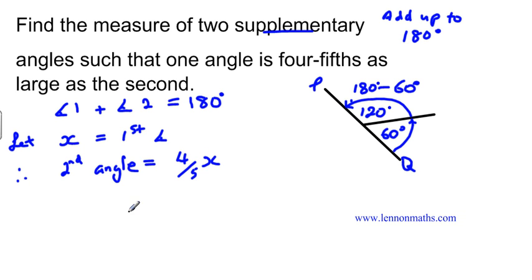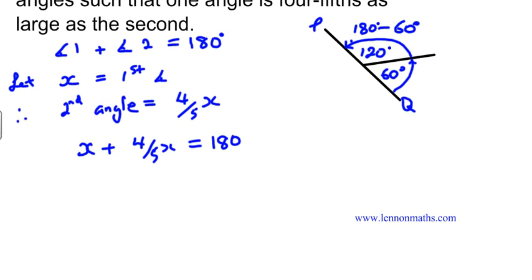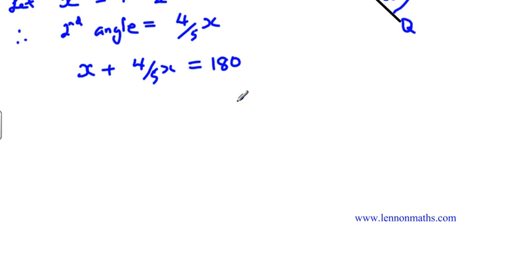Now, since both these angles are supplementary, we'll add them up. x plus 4/5 of x. The first angle is x, the second one is 4/5 of x. Because they're supplementary, they add up to 180 degrees. So what we need to do here is to solve for x.